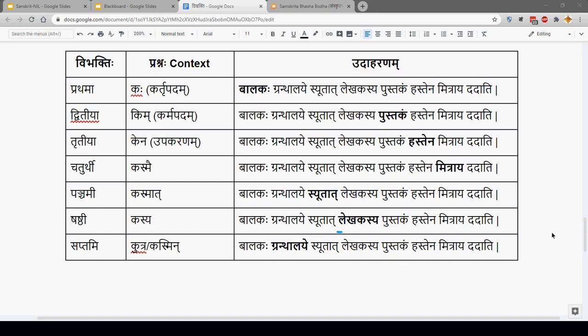Then the other is Lekhakasya also. Similarly, Hastena depends on the word itself, what the actual third case ending form will look like. Similarly, the Shashti Vibhakti we have already seen.